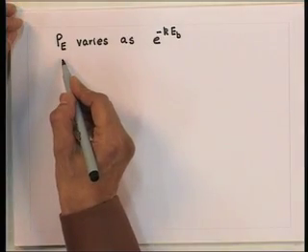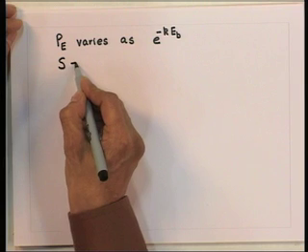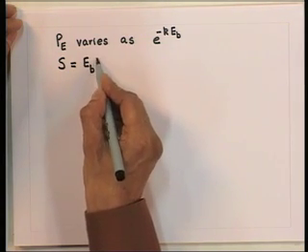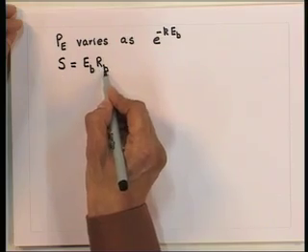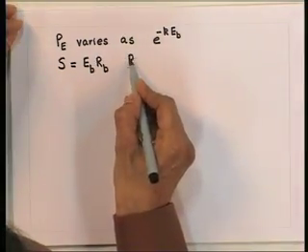Now, the signal power, which is indicated by S, is equal to Eb times Rb, where Rb is the bit rate.